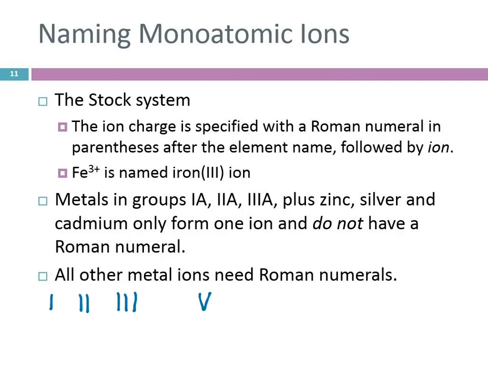It's the number before 5, so 4 is 1 before 5. And 6 is 1 after 5. And 7 is 2 after 5. And that's about as far as we have to go. So those are the Roman numerals.